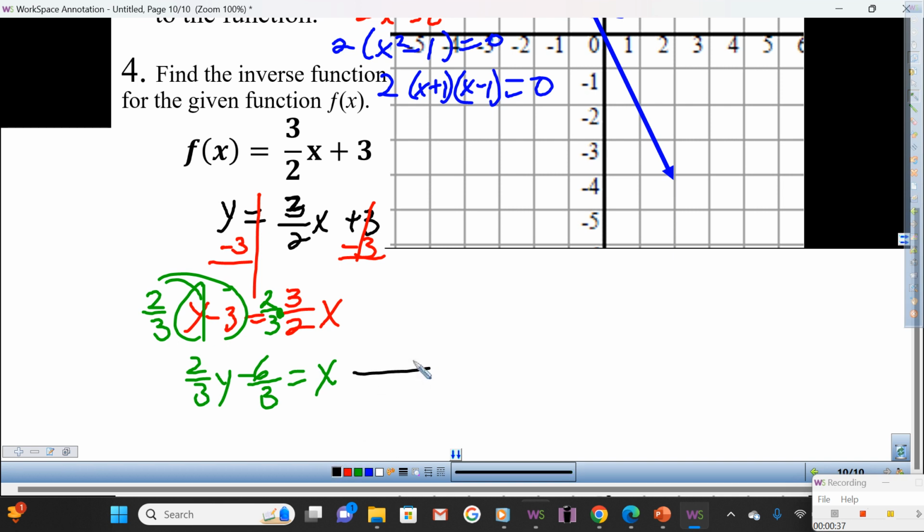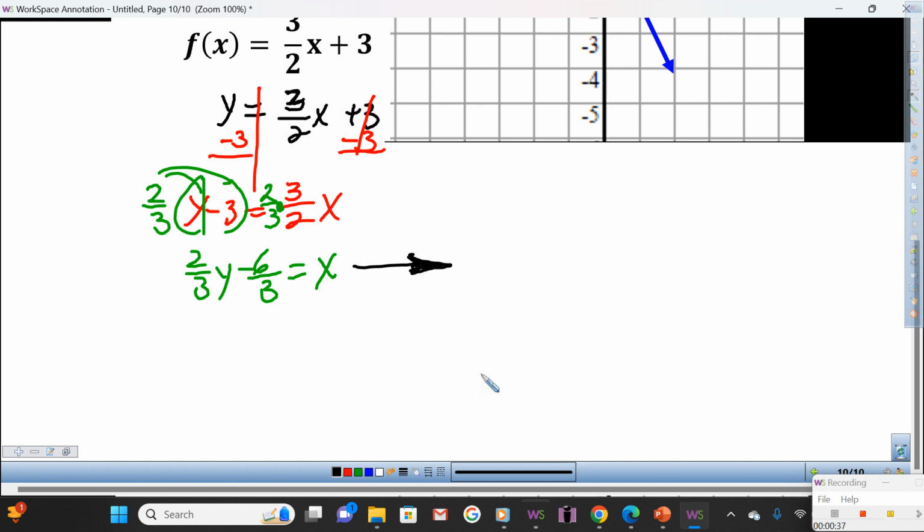What do I do next? All right, let's pass it back to Vianney. Switch the variables. That is correct. So we got 2/3 x minus, can I simplify this fraction? 6/3 is 2 equals y.